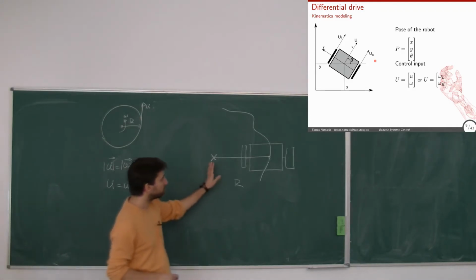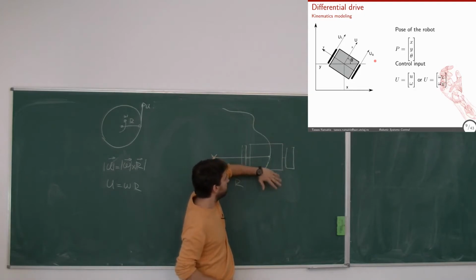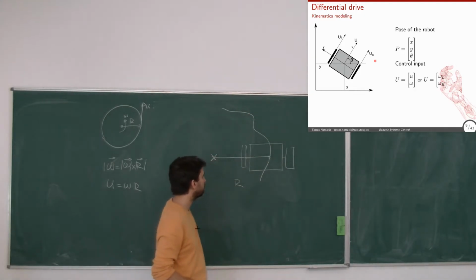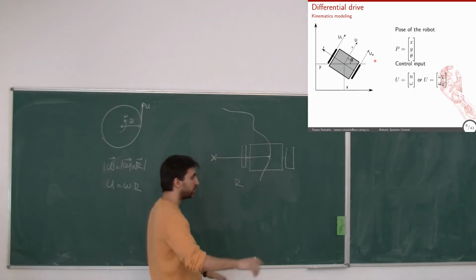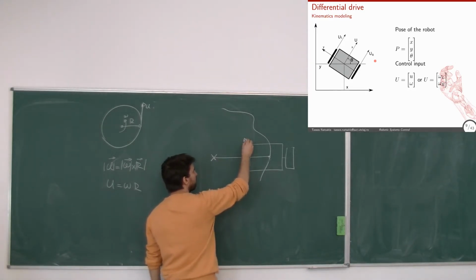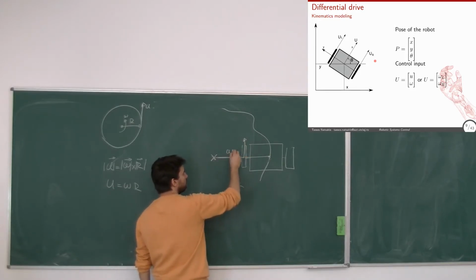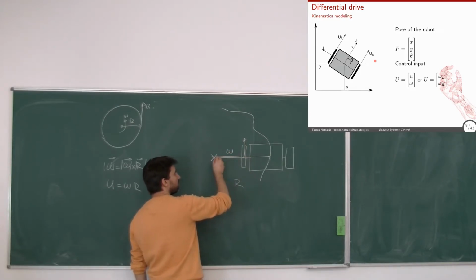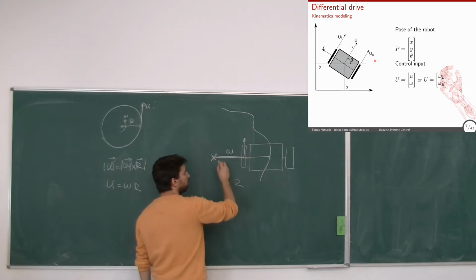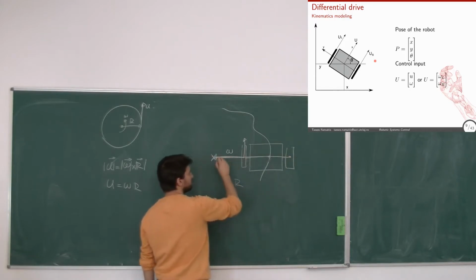And here, in order for this object to rotate in a correct way, let's say not sliding, I would want the instantaneous angular velocity of this point with this center to be the same as of this point with the center.